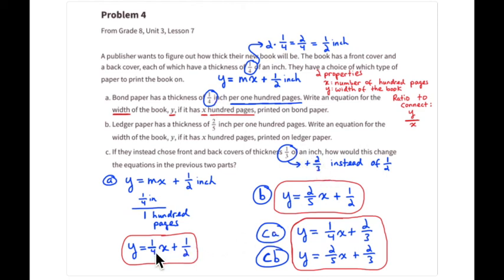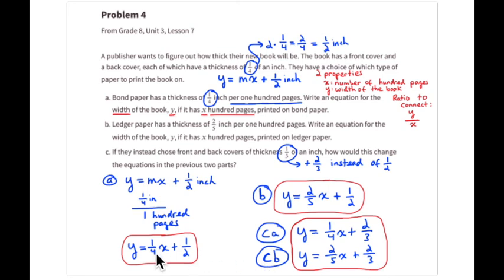So now you go back to A. The thickness due to the pages is still 1/4 of an inch per 100 pages. But now the thickness is 2/3 of an inch that has to get added. And for B, the thickness of just due to the pages is 2/5 of an inch per 100 pages, but then you have to add the thickness of the covers, which is 2/3 of an inch.